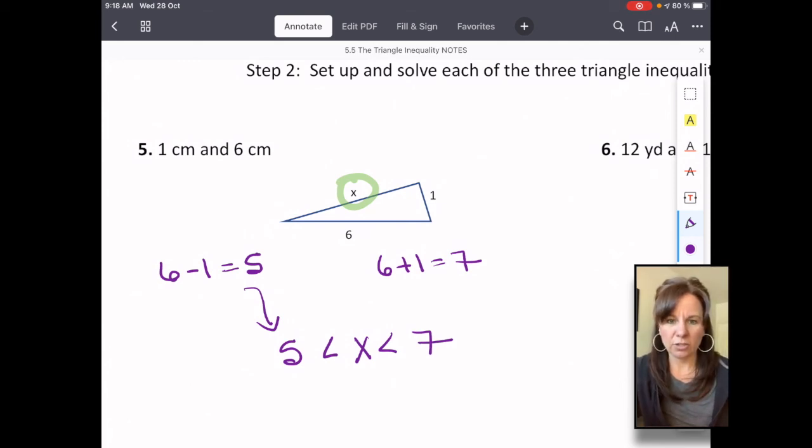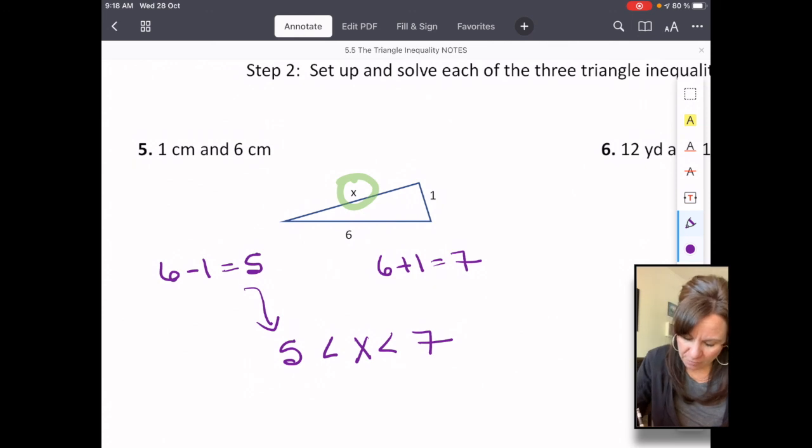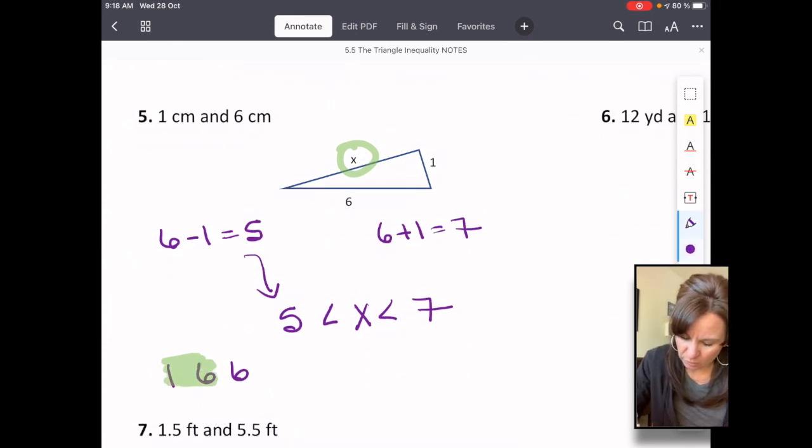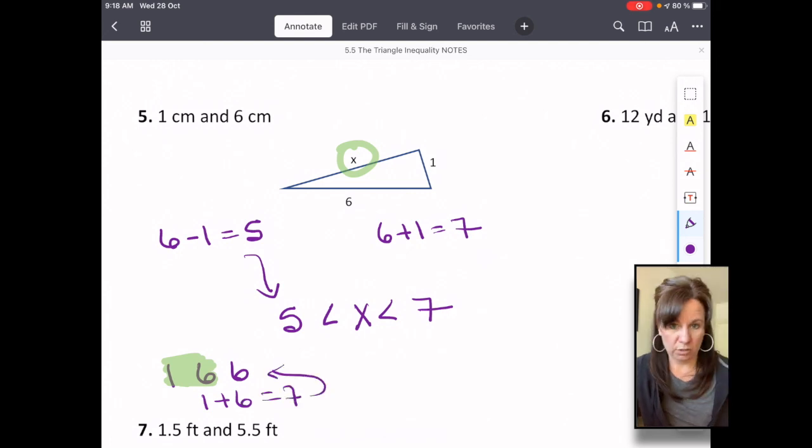So in this case, that's just 6. I think that's our only option. But let's double check and make sure that 6 works. So now we have three sides, 1, 6, and 6. So again, we'll take two of them, add them together. So 1 plus 6 equals 7, which is greater than the third side. So we're good to go.